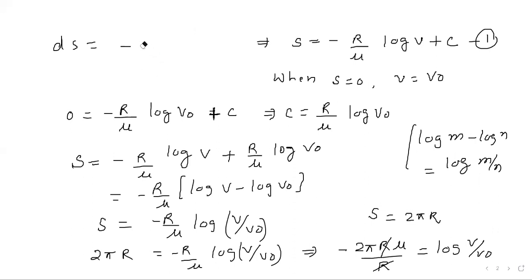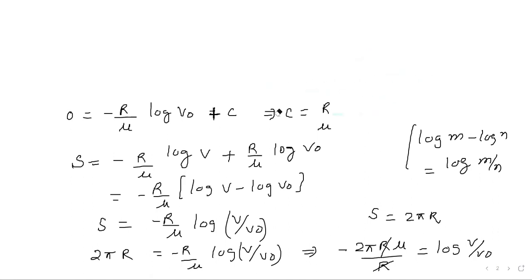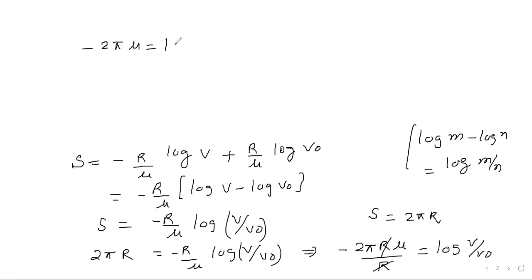Now we can remove the log from the RHS, so everything will go in the power of exponential. So minus 2 pi mu equals log V upon V0, taking exponential.